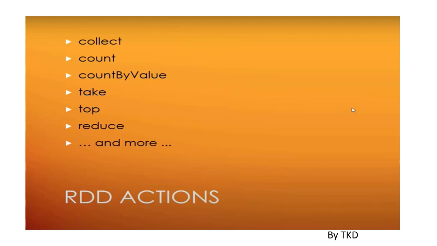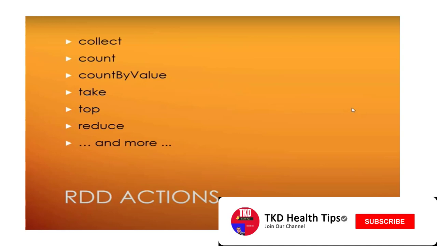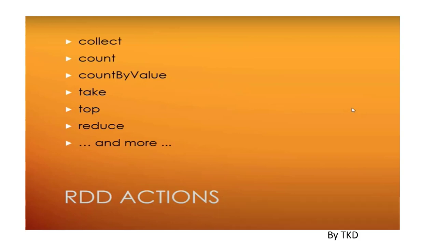So remember, an RDD can contain duplicate rows, which is perfectly fine. And if you do, you can use countByValue to get the count of how many of each unique row value you have.